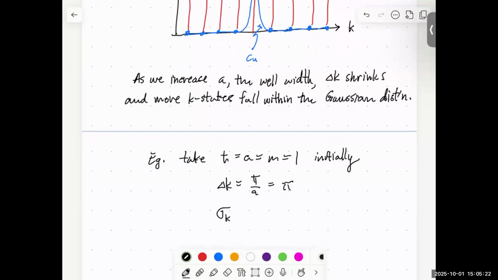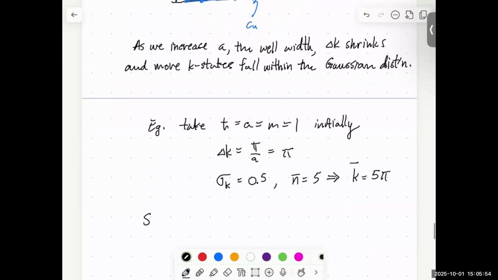To make sure that our sigma k is narrow compared to pi, I'm going to take sigma k equal to 1/2. And I'm going to take n bar equal to 5, which means k bar is n pi over a, but a is 1. All right, so that's what we've got.